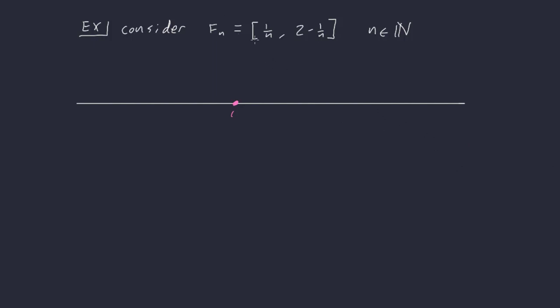Then, let me mark my 0 here and let me mark my 2. Actually, I should probably give myself a little more room. So let's say that this is 0 and this is 2. Now the next set is going to go from 1/2 to 2 minus 1/2, so that would be 3/2, right here.